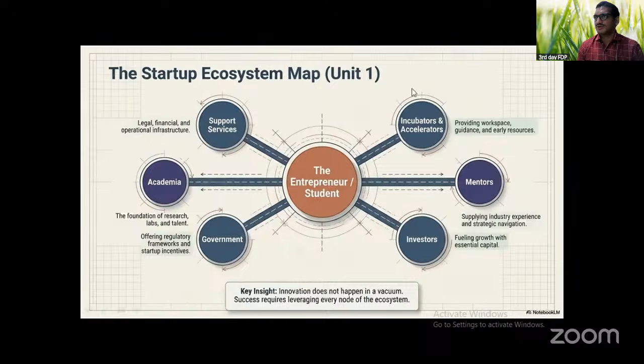That is called as incubator. Next thing is he can have mentors in the industry where they can guide him through the industrial experience and navigation. Next, this is the critical thing, investors, people who can invest money, who can fuel the growth with essential capital. So these are all things involved in the startup ecosystem.